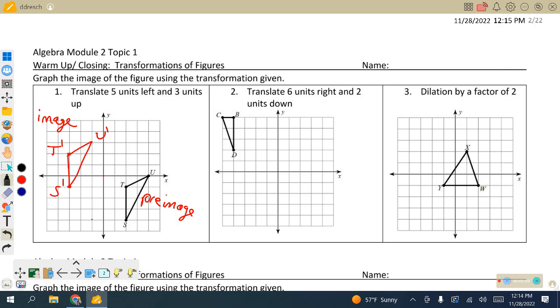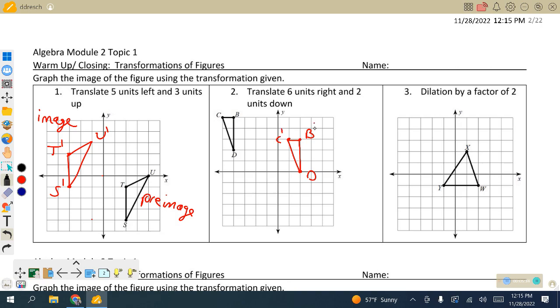C, 6 right, 1, 2, 3, 4, 5, 6, and 2 down. And then, excuse me, letter D, 1, 2, 3, 4, 5, 6, 2 down. Connect it. If it's not the exact same shape and size, you've done something wrong. Otherwise, we are good to go.